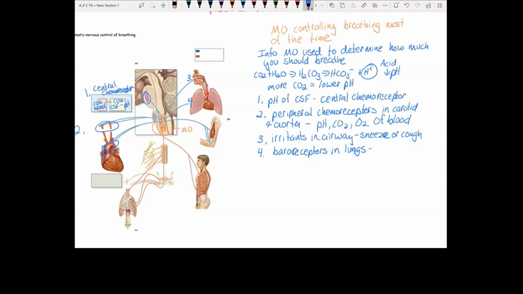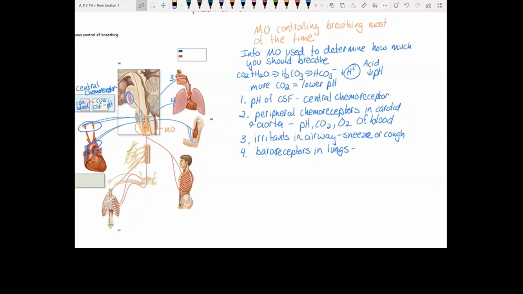They will let you know if you are taking too deep a breath and overstretch your lungs. Okay, so if they start signaling, then your medulla oblongata is going to ease back on the breathing.